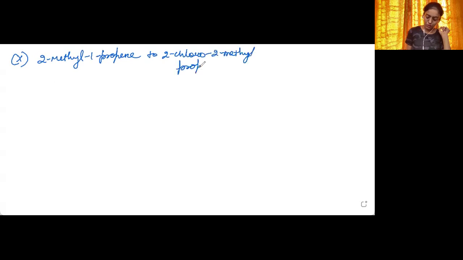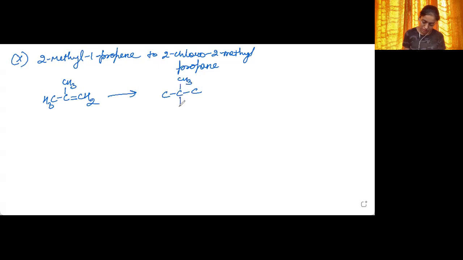First of all, let's draw the structures of these 2 molecules. 1, 2, 3. At the first position, there is a double bond, and at the second position, there is a methyl group. Now just fulfill all the valencies. Now we need to convert it into propane with a methyl group at the second position and a chloro group also at the second position.